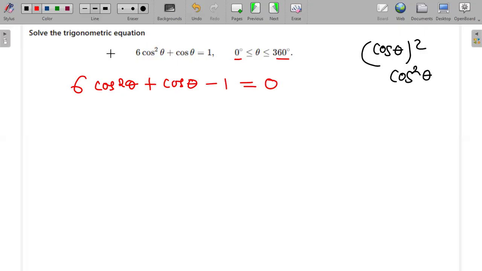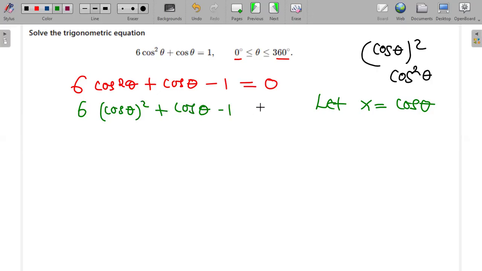So to solve this easily, I'm just going to say let x be equal to cos theta. And remember, cos squared theta is the same as cos theta squared. So I'll write it as 6 cos theta squared plus cos theta minus 1 is equal to 0. Now, wherever there's cos theta, I'm going to put x.